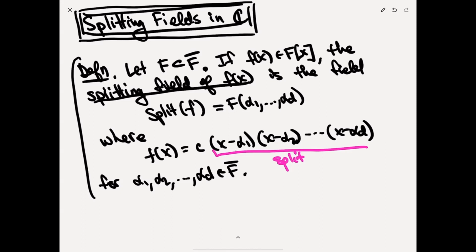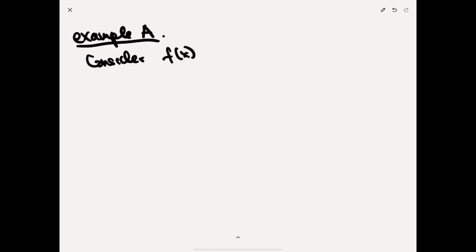Let's do examples. I guess I'm going to call this example A. Okay, so what we're going to do is we're going to consider, these are all going to be splitting fields of polynomials in Q. So x to the n minus 1, this is in Q[x].